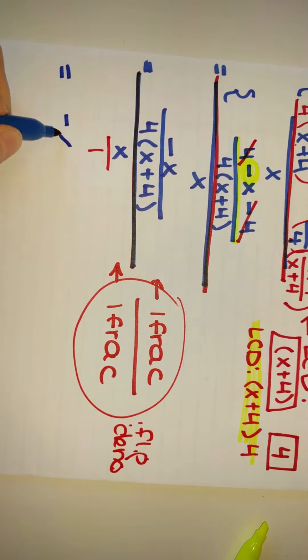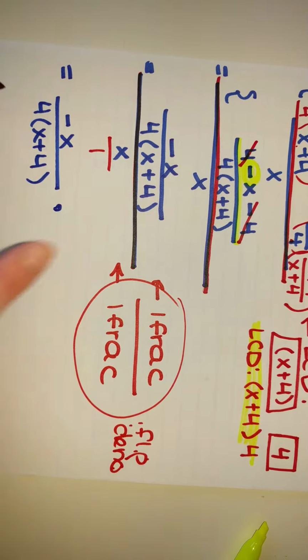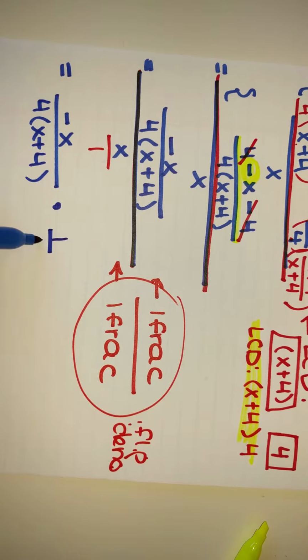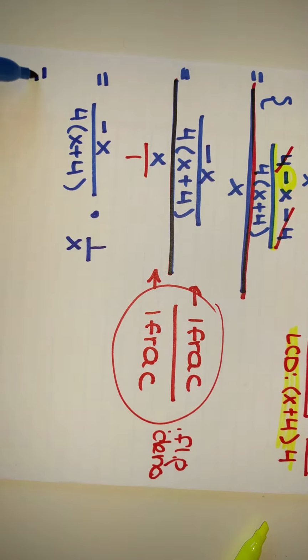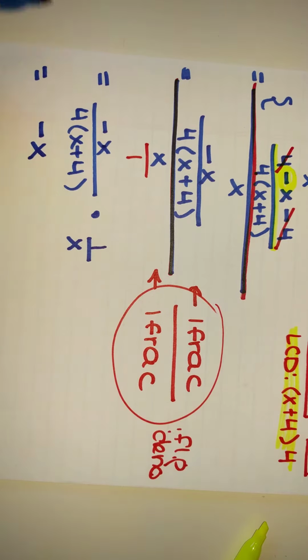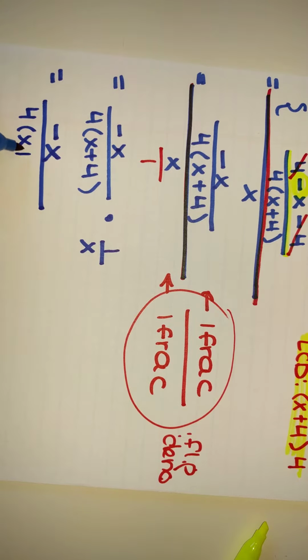So this will become negative x over 4 times x plus 4, times, flipping this denominator, gives us 1 over x. Now, there's two ways of dealing with this. What I usually do is multiply straight across. You could immediately cross out the x's, but if I multiply straight across, then I see this very clearly.